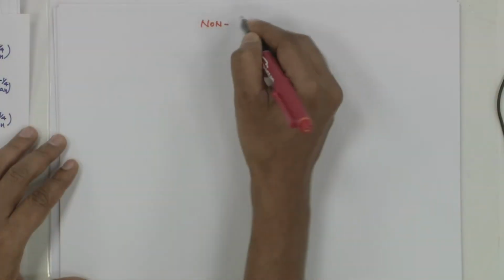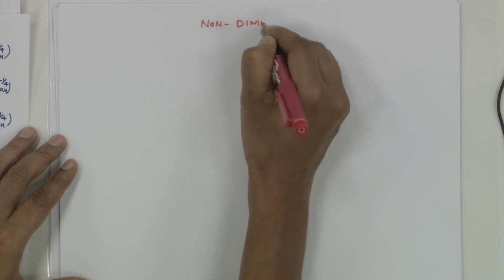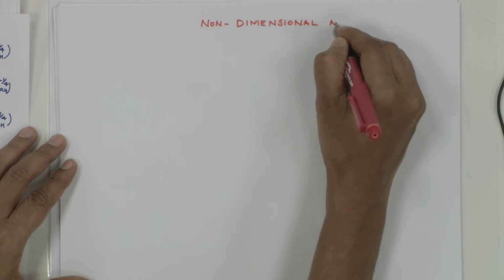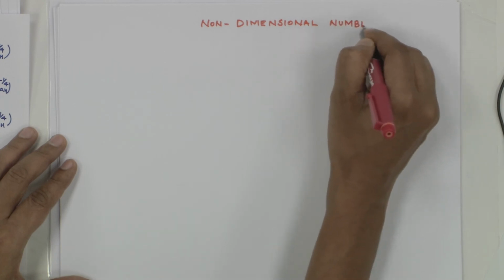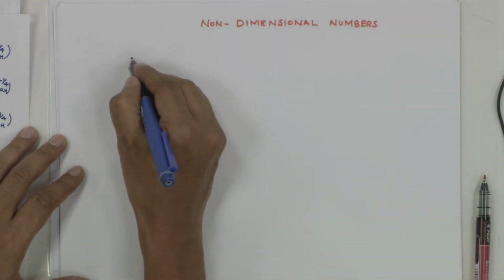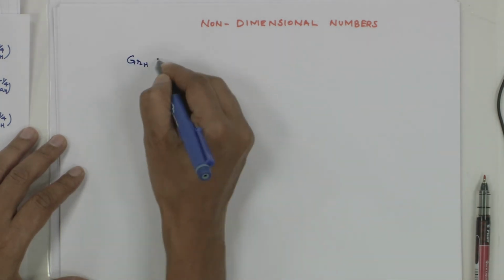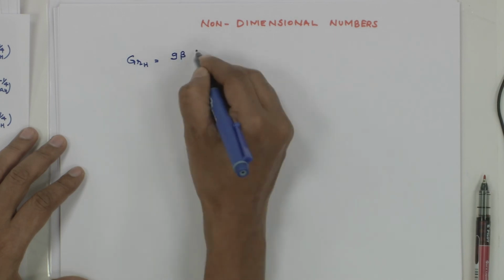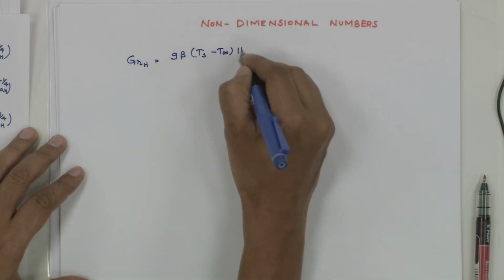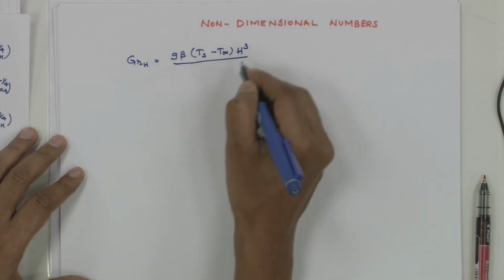So now let me just recall all the non-dimensional numbers. Once again, let us write. I am going to do scale analysis and come up with these non-dimensional numbers, but before I do that, I have to write this. Gr_H equals g beta (Ts minus T infinity) H cube upon nu squared.